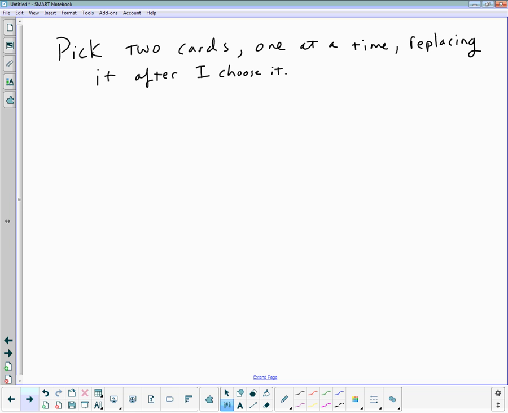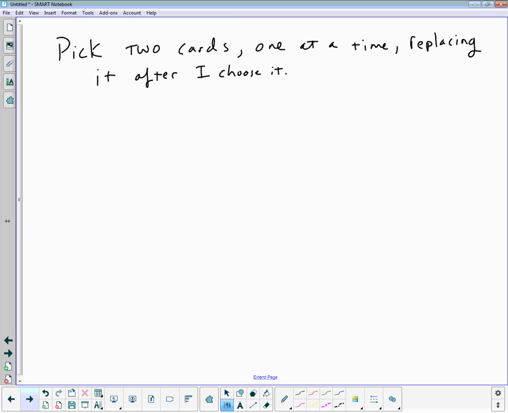Okay, so let's just say, for example, I pick a card and I get the ace of spades. Well, what's the probability of getting another ace? Well, if I put the ace of spades back in the deck, I could pull the ace of spades, the ace of clubs, the ace of diamonds, or the ace of hearts. I still have 4 possible wins for the second pull.